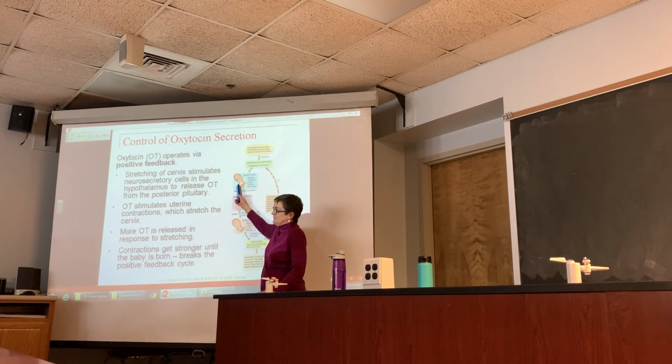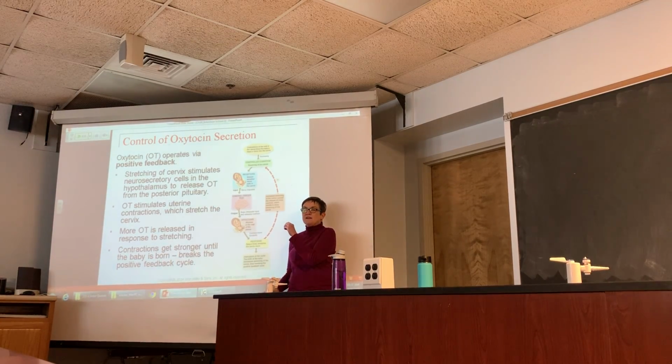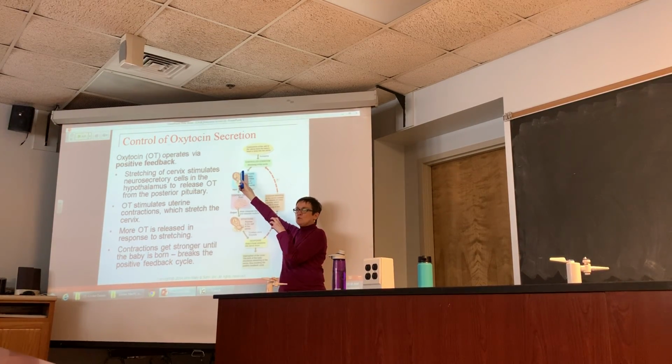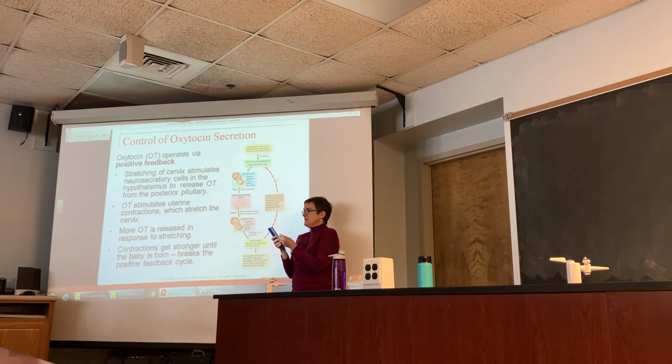So this is not negative feedback, it's positive. In other words, you're getting a response, which is contraction, so that stimulates even more oxytocin production, not less of it. And that causes the contractions to get even stronger. With every cycle of this, the contractions get stronger, they come more often until you're having uterine contractions every minute.